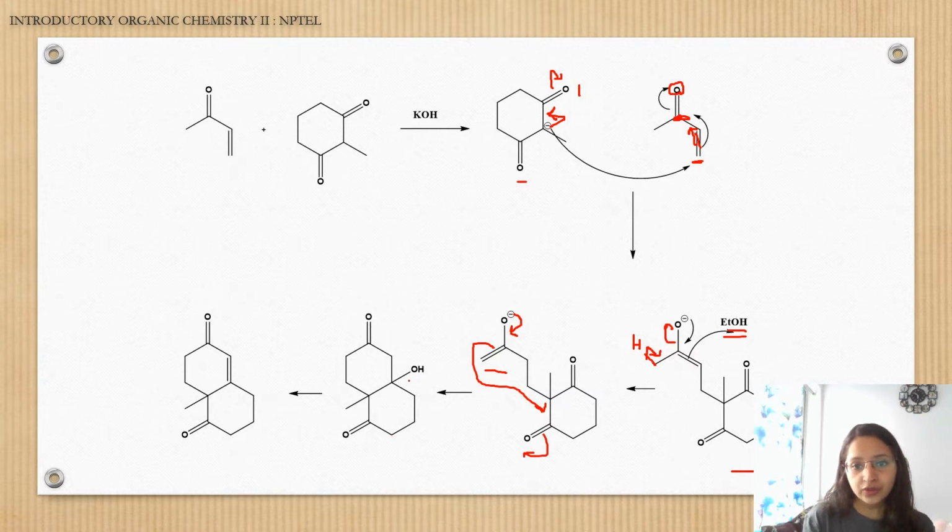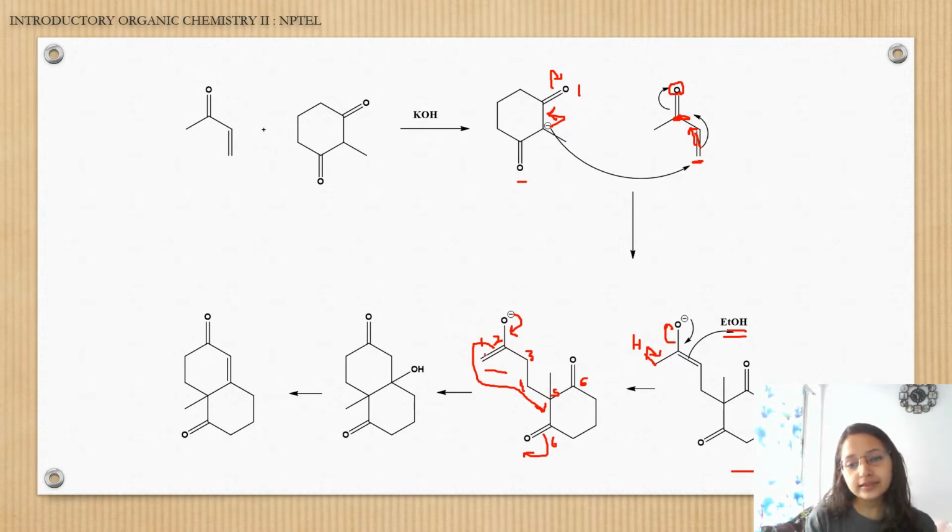So after the formation of this, either you can form a six-membered ring here or here. When you number it, like this: one, two, three, this four, this five, and this six. So both the carbonyls will give you a six-membered ring formation only.